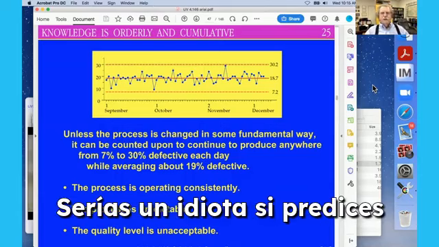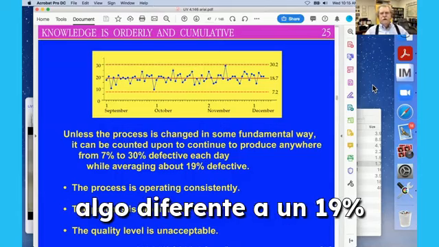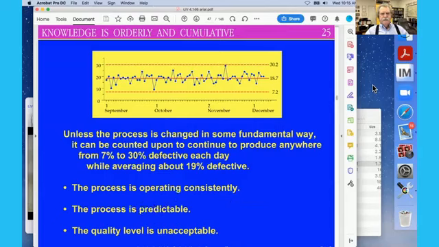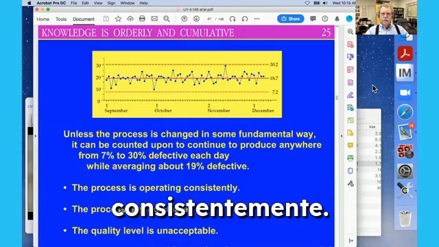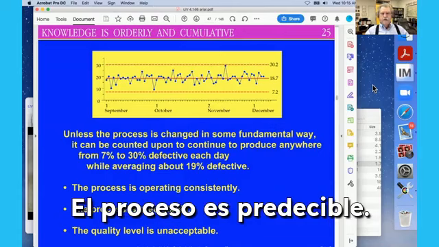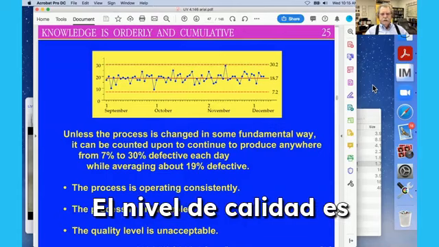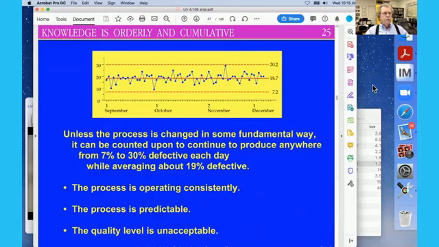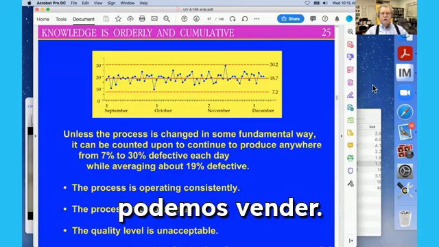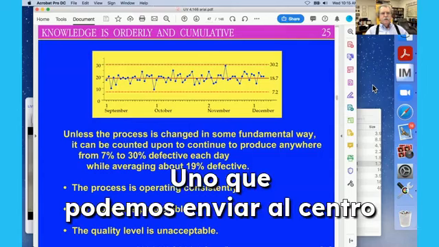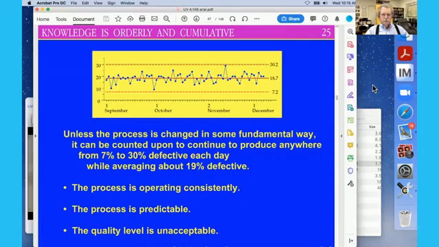I'd be an idiot to predict anything other than 19% defective. The process is operating consistently. The process is predictable. The quality level is completely unacceptable. We make 5 pairs of shoes to get 4 we can sell, and 1 we can ship to the outlet mall.